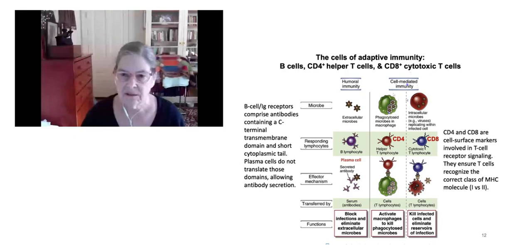In T cell mediated immunity, the helper T cells have this molecule called CD4 on their surface that helps them recognize MHC molecules of a certain class, and cytotoxic T cells have CD8. So you'll hear about CD4 and CD8 T cells, and those are either going to be helper T cells or cytotoxic T cells.